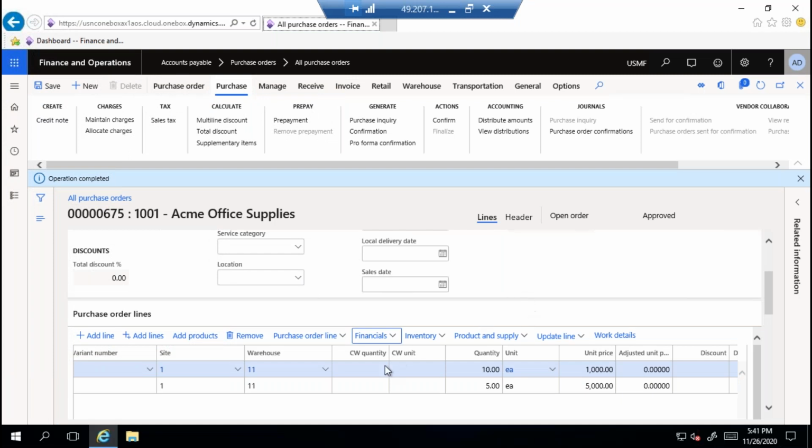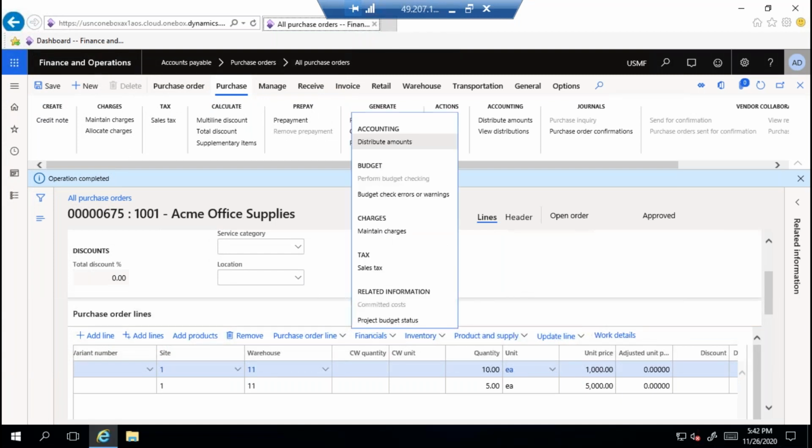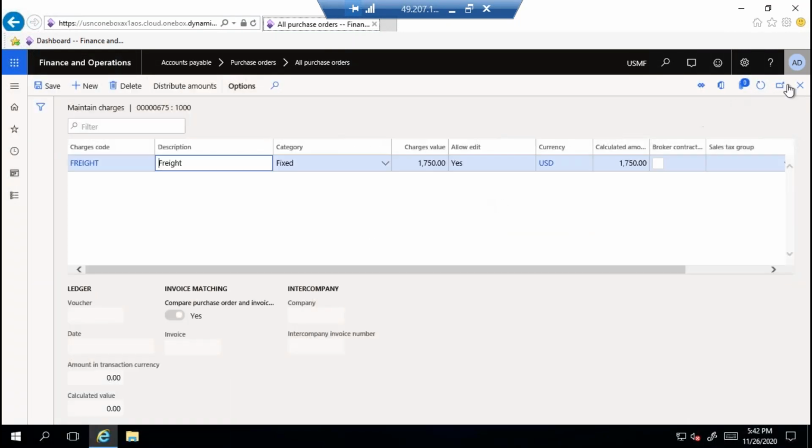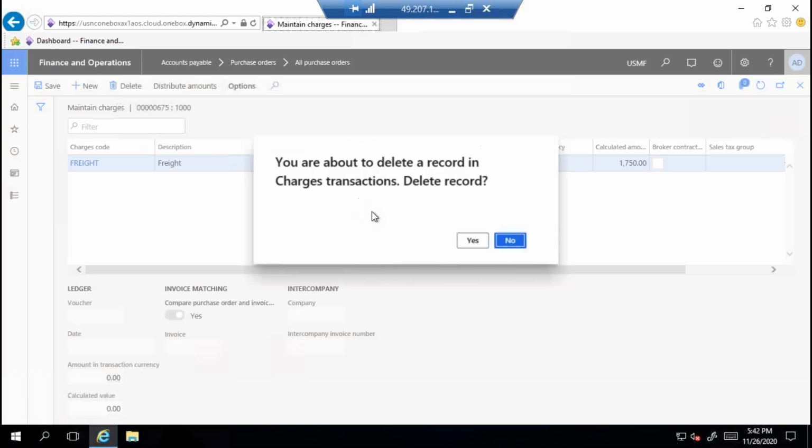Now, I have removed these charges. This is one method I have shown, maintain charges. I have deleted this one now. There are 3 methods, and we need to understand these 3 methods.